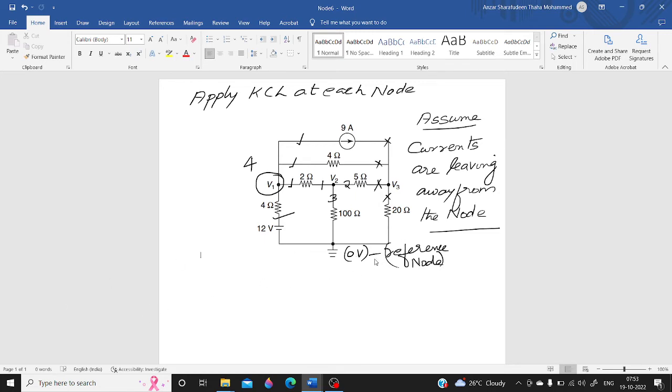With respect to this 0 volt, this point is at voltage V1, this point is at potential V2, and this point is at potential V3. Now our job is to find the KCL equation for each node.